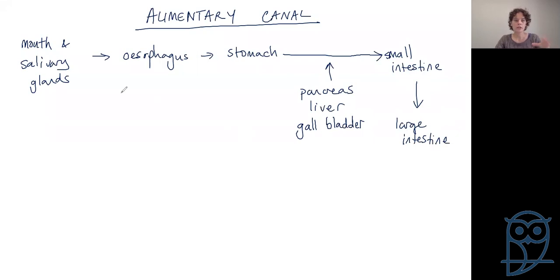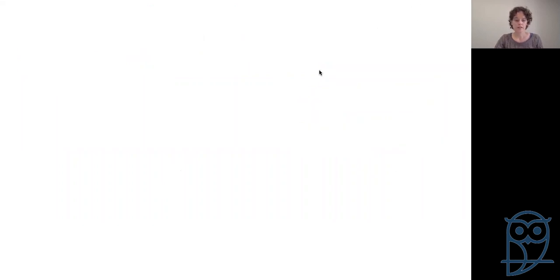So what we're going to do is address each of these, and then we're going to look at the technical terms that pop up in that place. Okay, right. So let us start in the mouth with salivary glands all together.